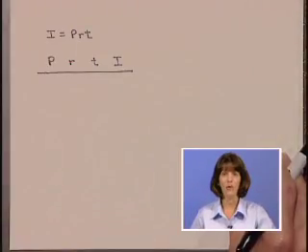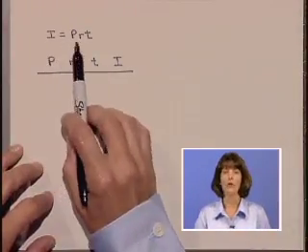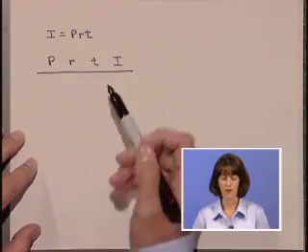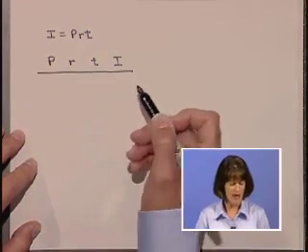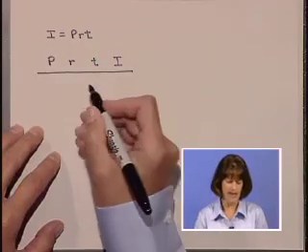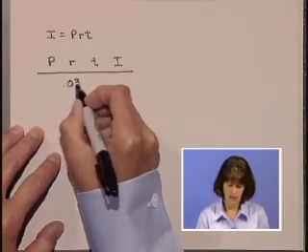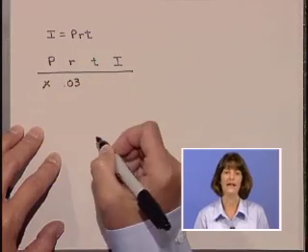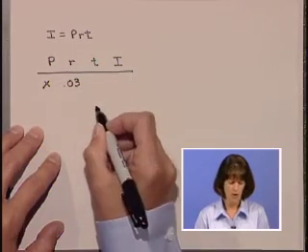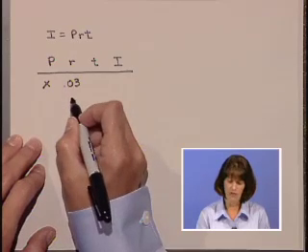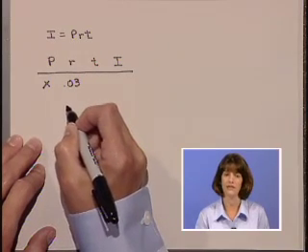So let's write down the formula I equals PRT. Now let's begin to fill in the information into this table. We know that a certain amount is invested at 3%. Let's let x represent that amount. We also know that $6,000 more than that amount was invested at 4.5%.